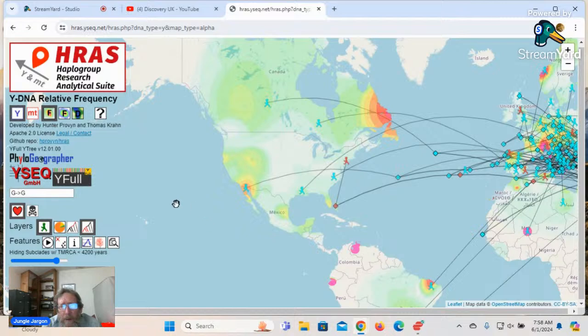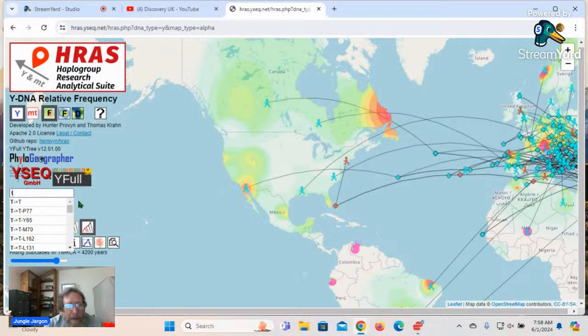So, and the other one would be the T haplogroup. The other one that's in the Phoenician population would be the T haplogroup. And I don't think it goes as old as the G does. But the T did cross over apparently with the Phoenicians.